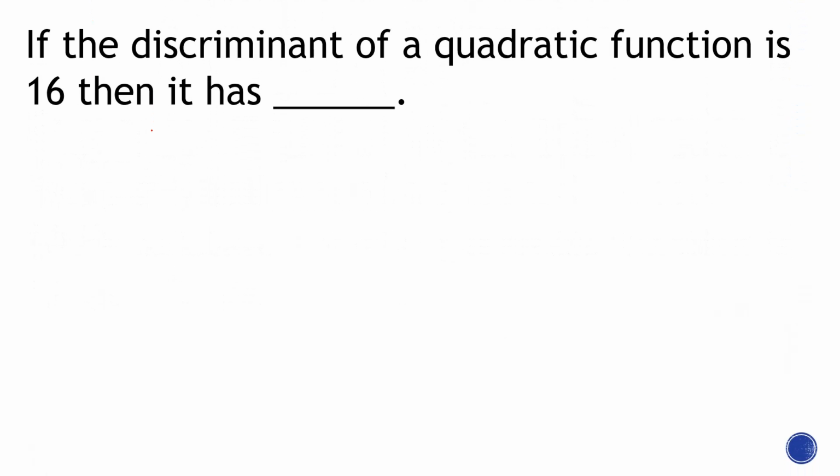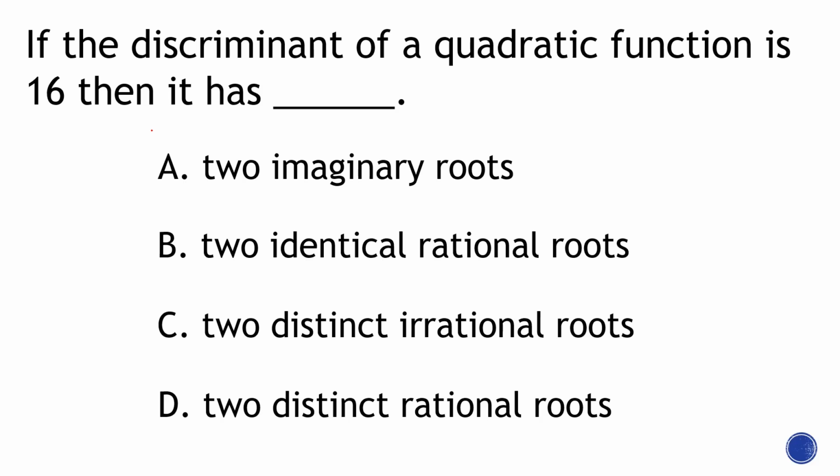If the discriminant is 16, now 16 is positive, but is it a perfect square number? Is there a square root of 16? Yes, there is, and that's 4 and negative 4. That means the answer is letter D, two distinct rational roots.